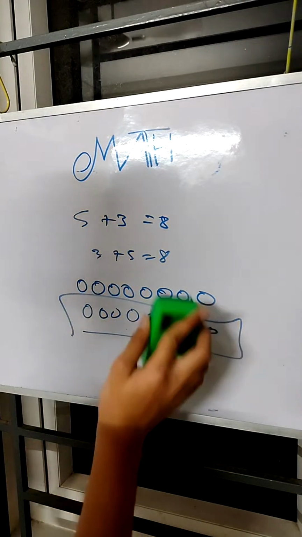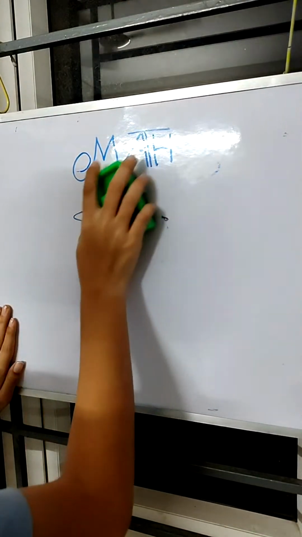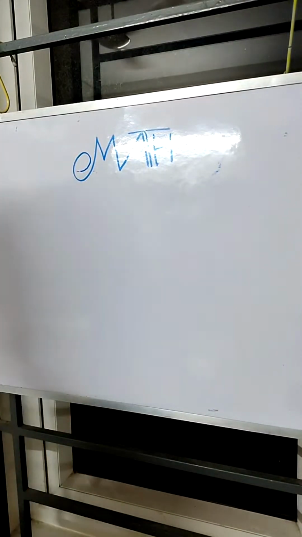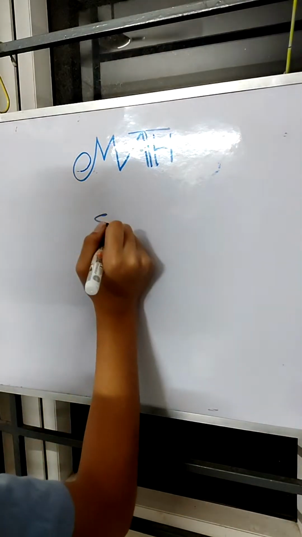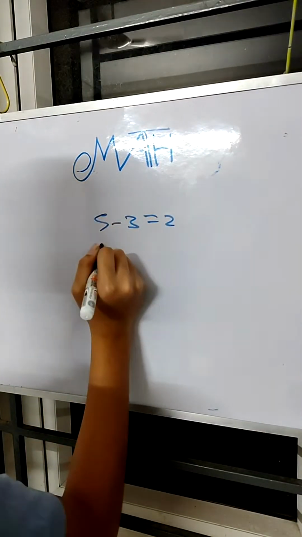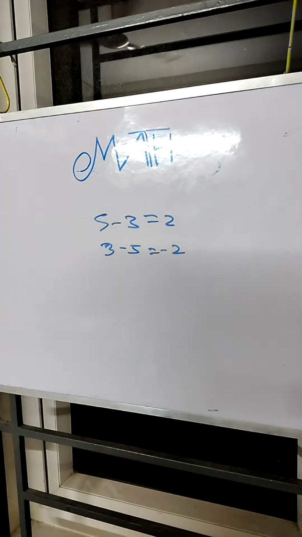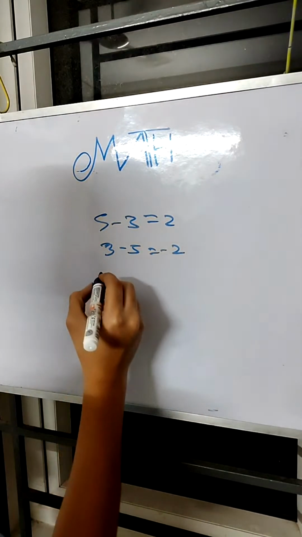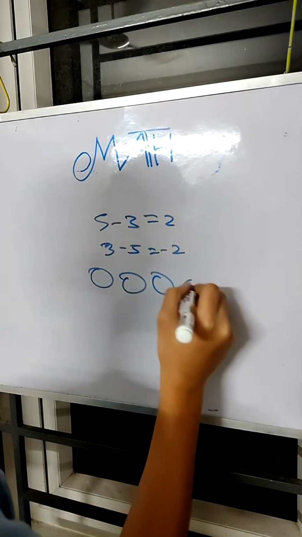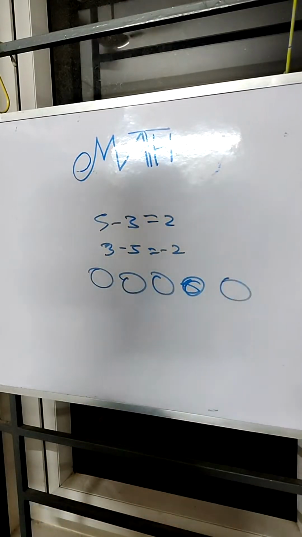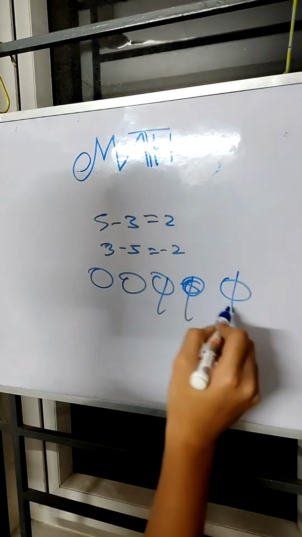Now, if we are doing subtraction, like 5 minus 3 is equal to 2, 3 minus 5 is equal to minus 2. This is because, let me show you. So you have 5 apples, then you remove 3, you have 2.